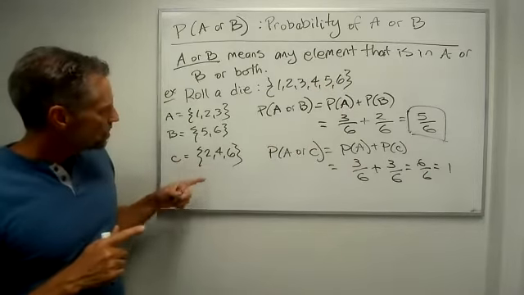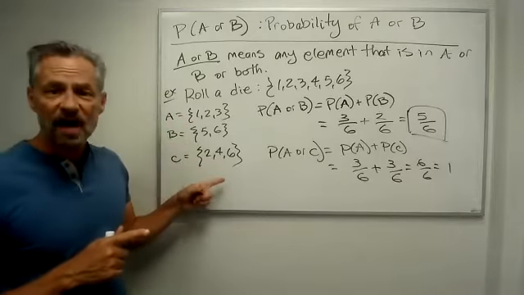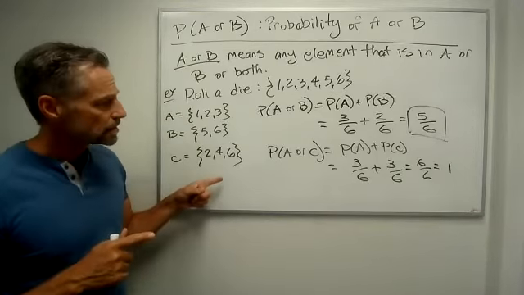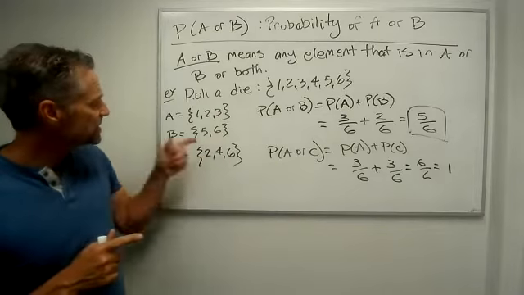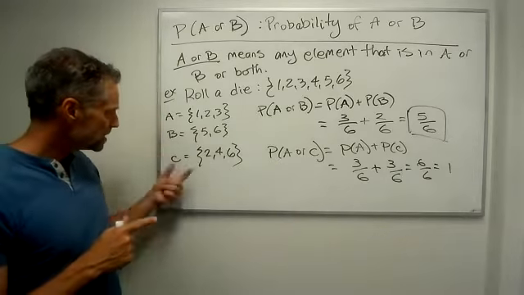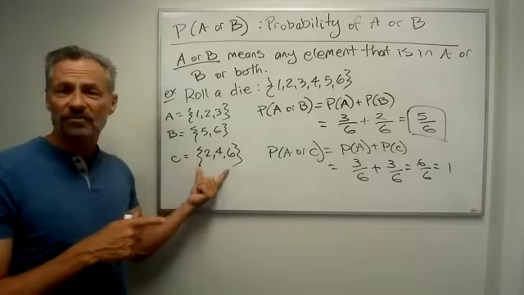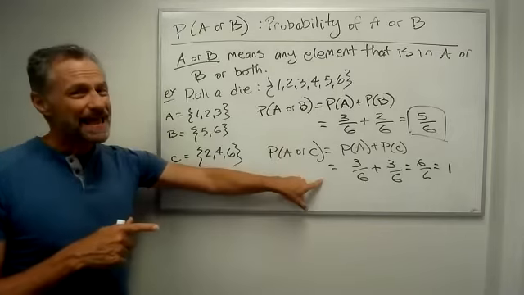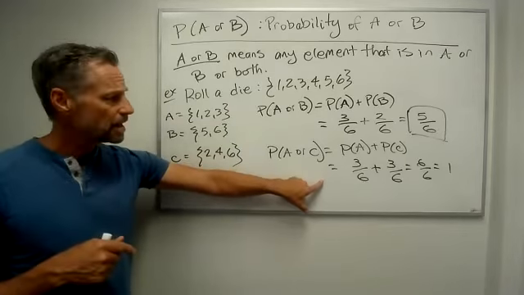But there's a problem. What if I rolled a 5? Well, I've already said I have a 100% chance of rolling a 1, 2, 3, or a 2, 4, or 6. I never rolled a 5 in here. So the probability can't be 100%.